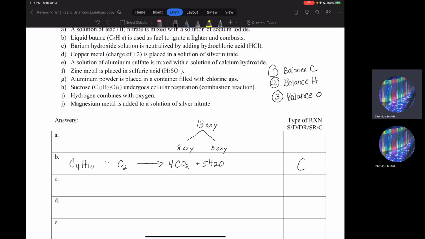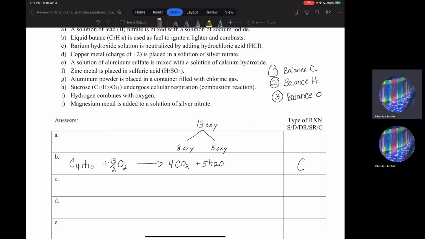If you didn't, go ahead and take out your calculator, there's no shame if you need it. But 8 plus 5 is 13 oxygen, right? So on this side, I'm going to need 13 oxygen. Now, we have 2 over here, which is the problem. You can either represent it as a decimal, or as a fraction. I'm going to represent it as a fraction because it's easier for me. So I'm going to say that we have 13 over 2.